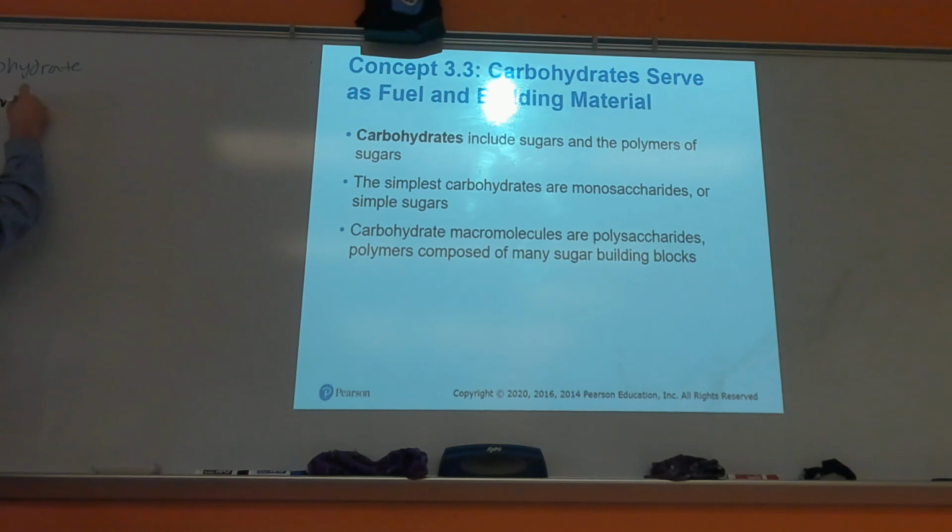We'll keep adding to this list throughout the unit. And then the polymer, remember poly means many, that is the polysaccharide. So just some basic names you've got to memorize. It's freshman bio review. That is something your freshman bio teacher should have had you learn. And the name gives it away, right? Mono means one. Saccharide is referring to the sugar. So poly, many sugars.